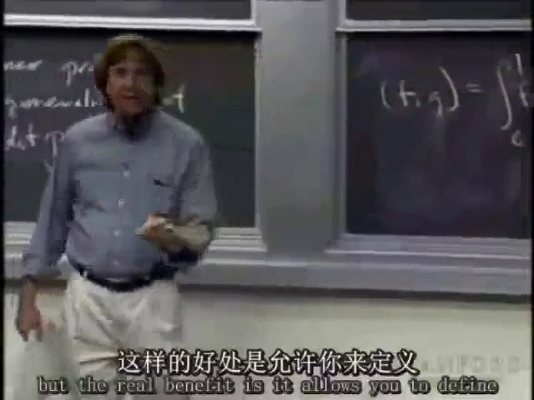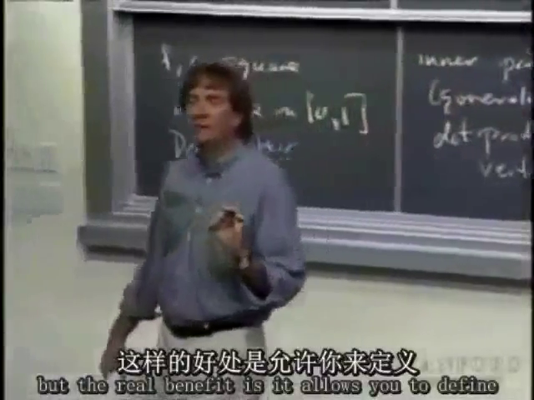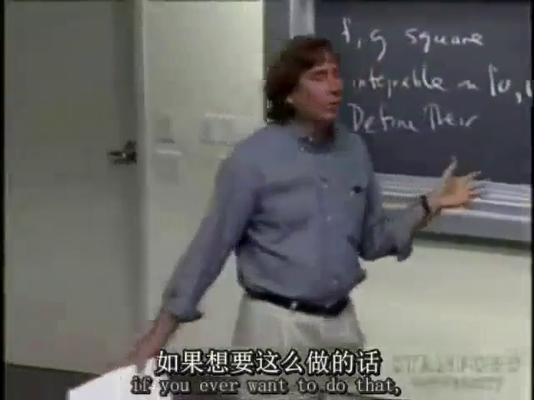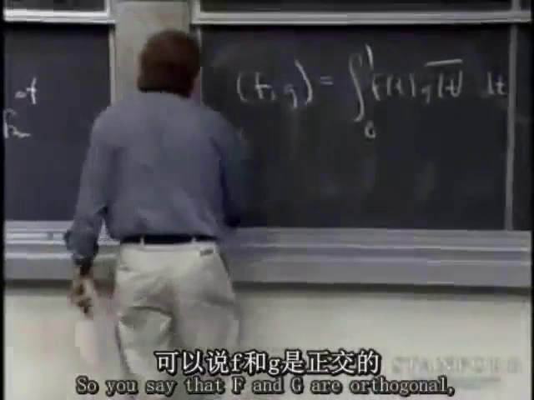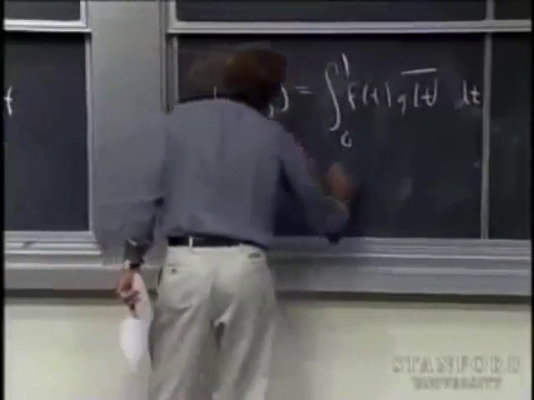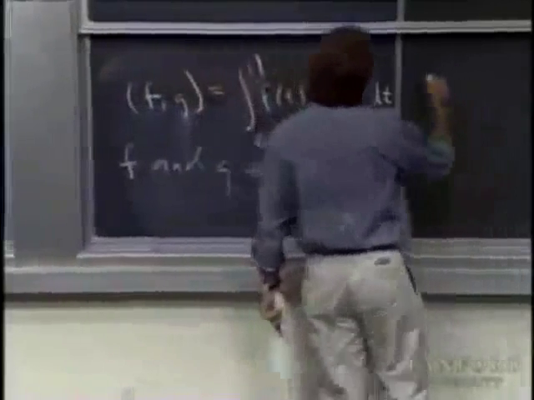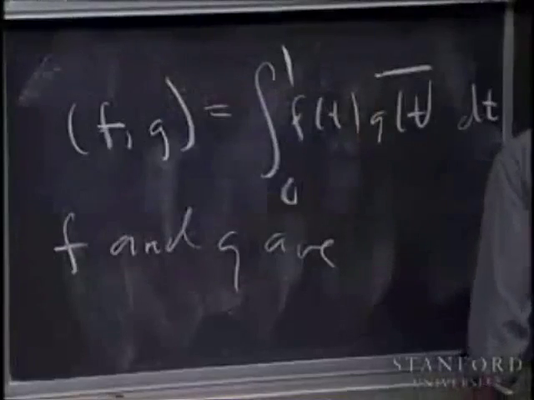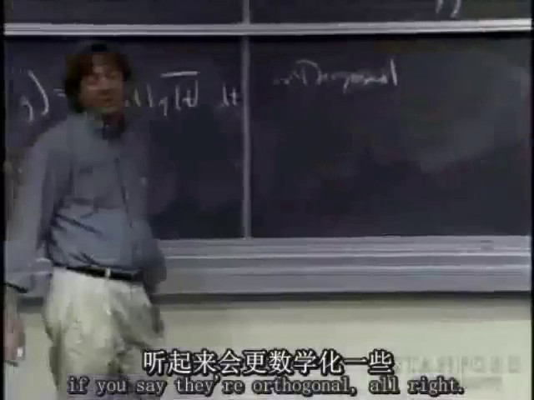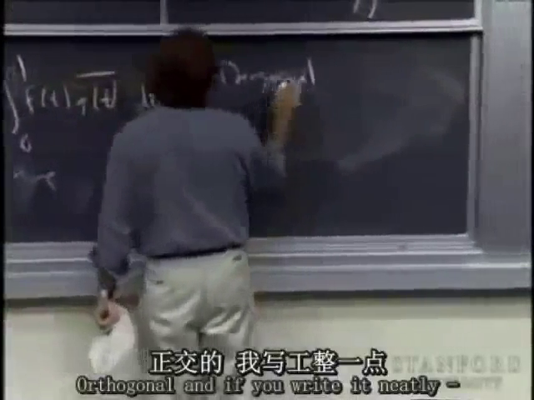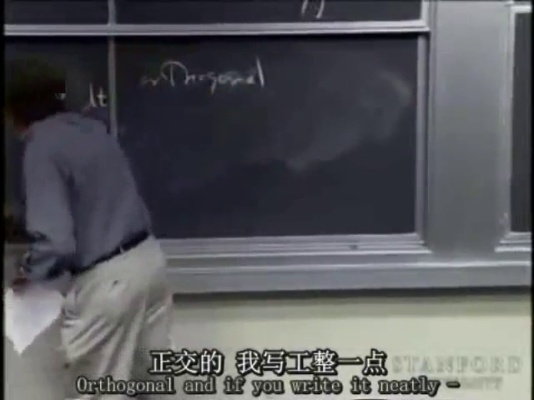Now that's fine, but the real benefit is it allows you to define when two vectors, when two functions, are perpendicular. So you say that f and g are orthogonal. You could say they're perpendicular, but it sounds ever so more mathematical if you say they're orthogonal.